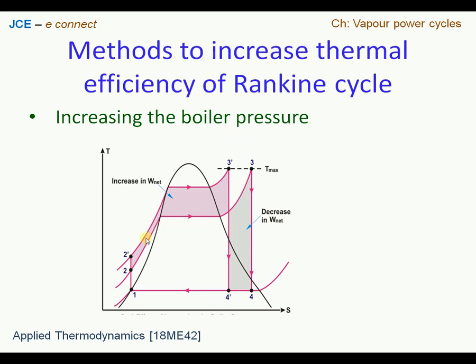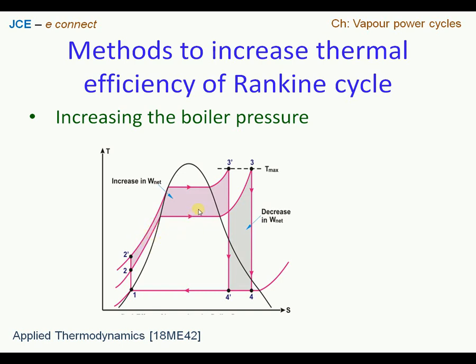That was the idea here. Therefore we have a new curve here, boiler pressure 2' to 3'. We can see that if we increase the pressure of the boiler, the area on the right hand side is decreasing because the cycle is shifting towards the left side. On the left side we can see this much area has been added, along with the sensible heat addition area.